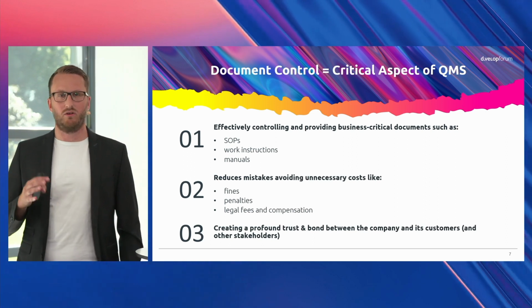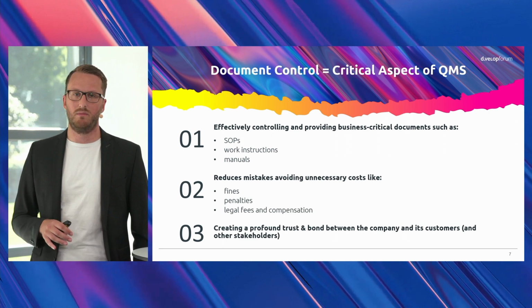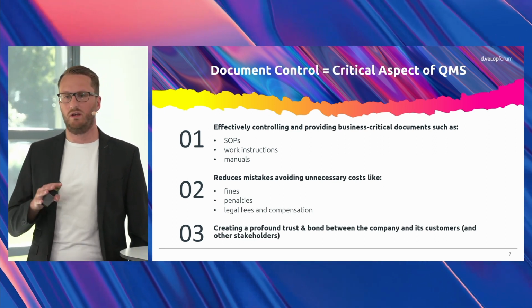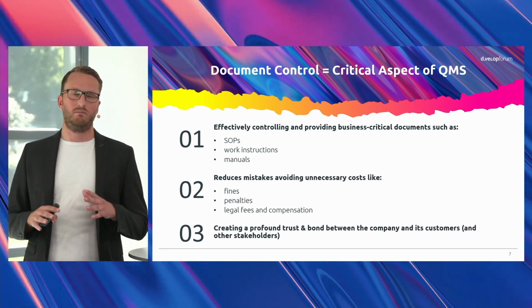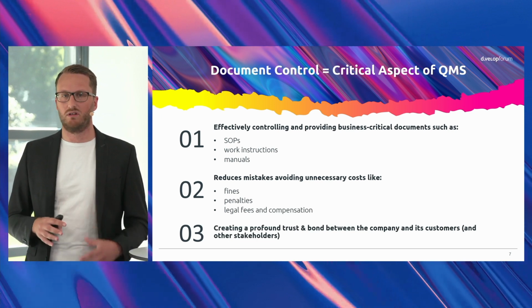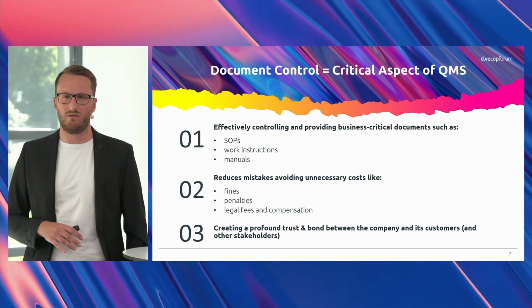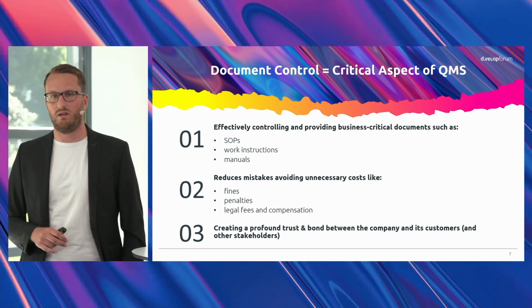So why document control as a critical aspect of a QMS, a quality management system, and what is part of this document control aspect? What we see here in the first place are obviously the business critical documents, and to effectively control and provide those documents to all stakeholders, to your employees, to your customers that may directly use them.